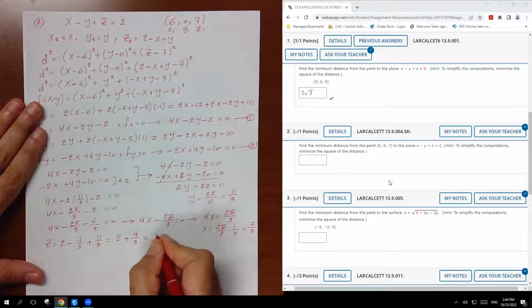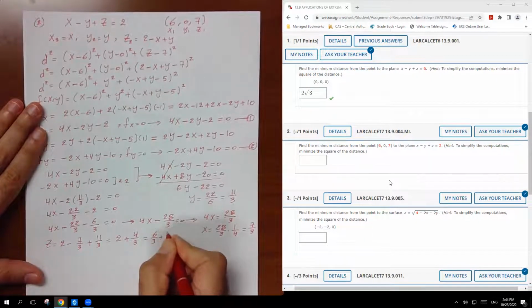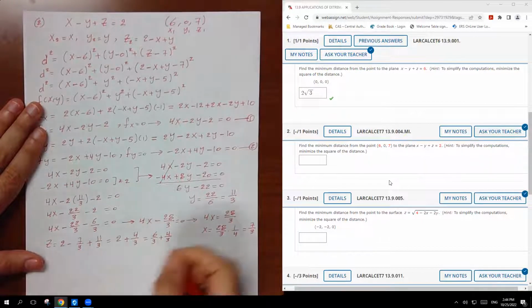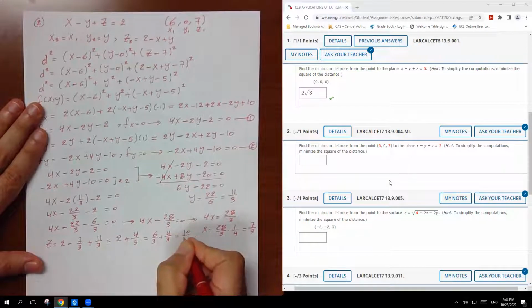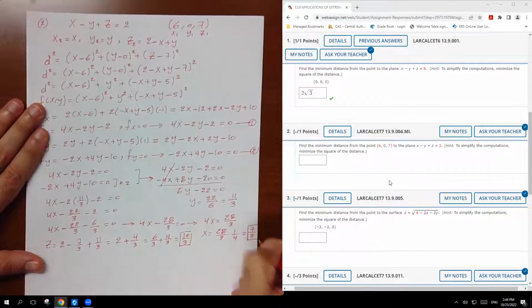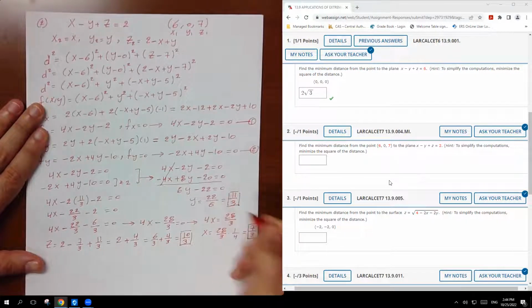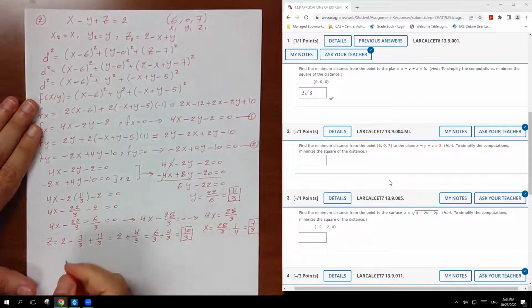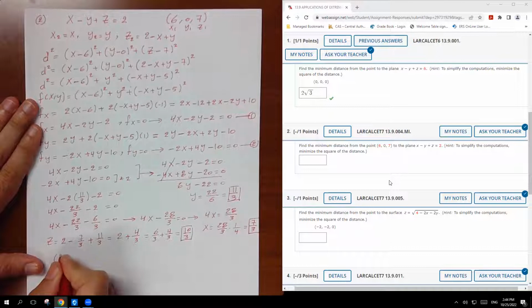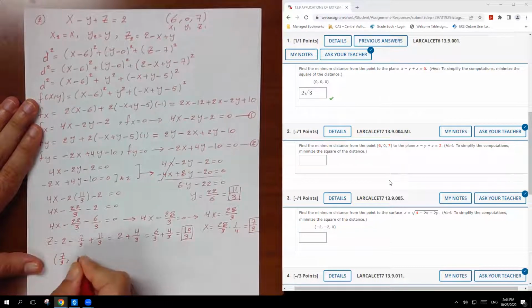That means multiply by 3, so it's going to be 6 over 3 plus 4 over 3. And this one is going to be equal to 10 over 3. So this is the value of z, this is the value of x, and this is the value of y. That means our critical point is x is 7 over 3, y is 11 over 3, and z is 10 over 3.